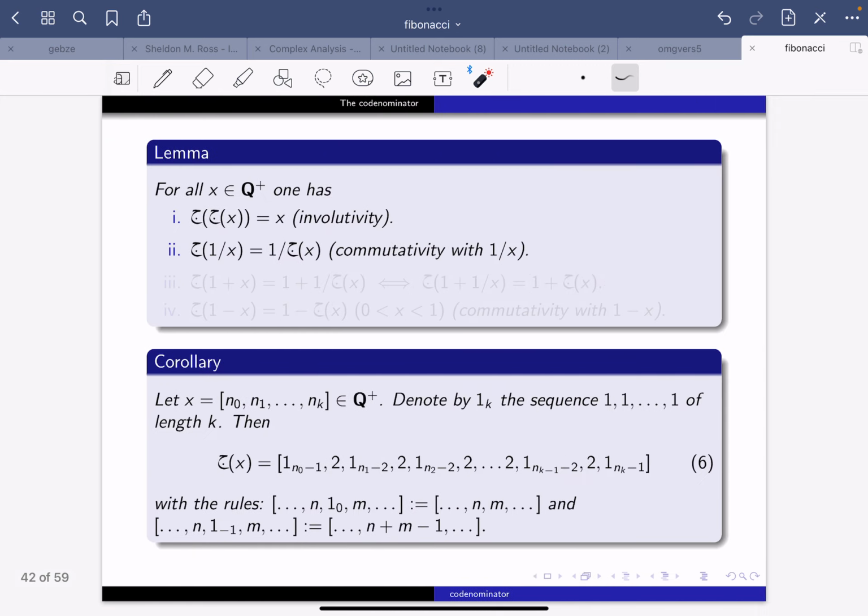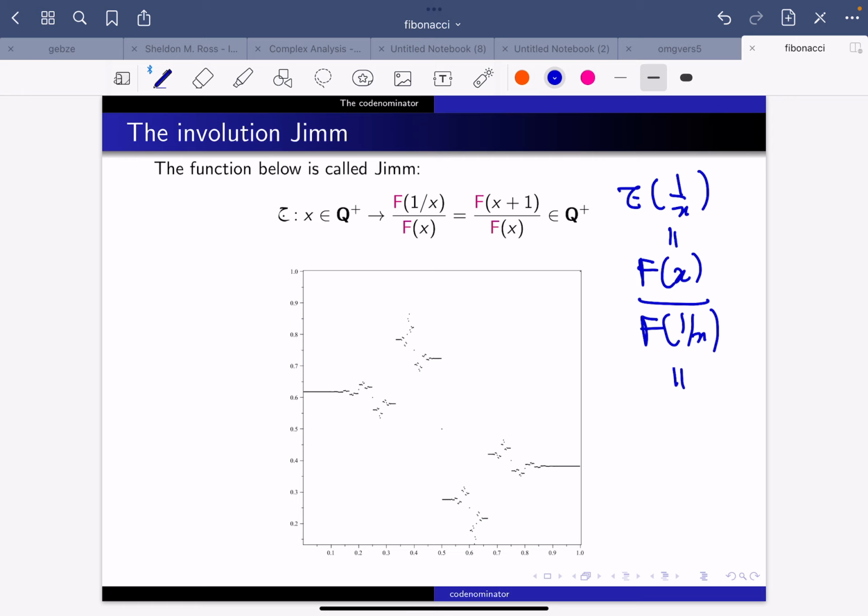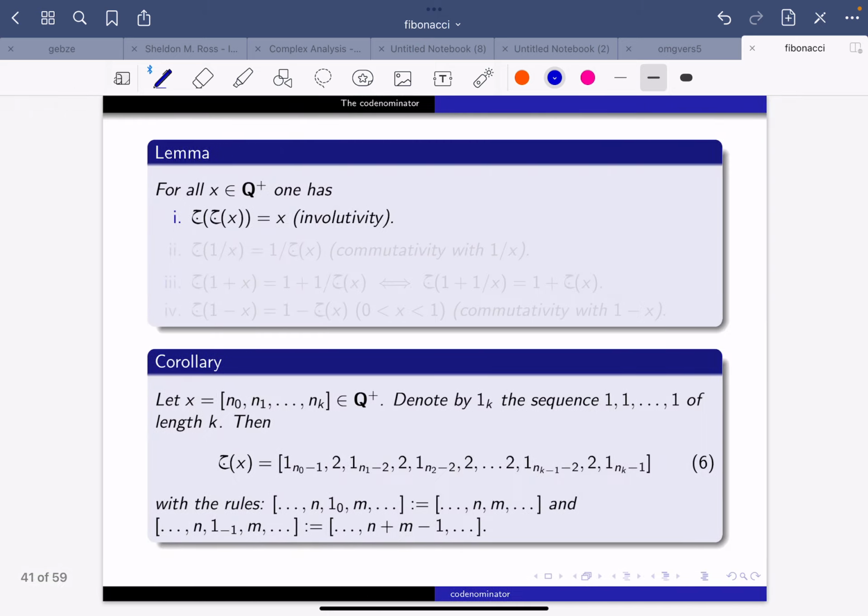Secondly, Jimm of 1/x equals 1 over Jimm of x. This follows easily from the definition, because what is Jimm of 1/x? It equals f(x) divided by f(1/x), which is nothing but 1 over Jimm of x.